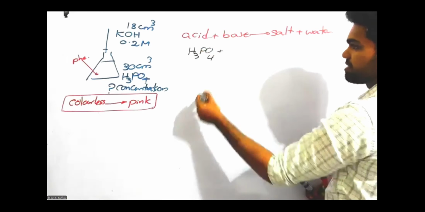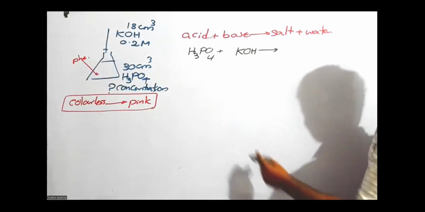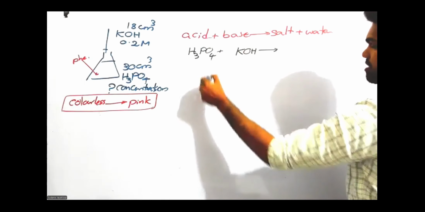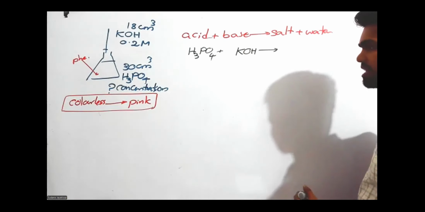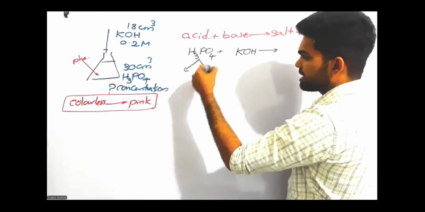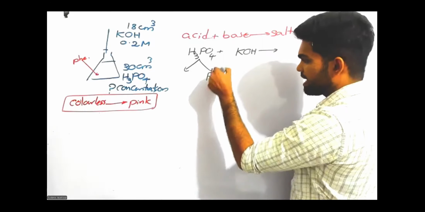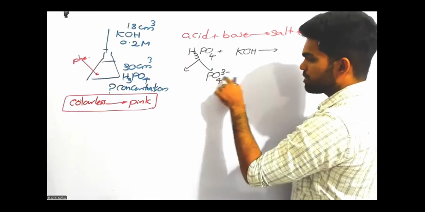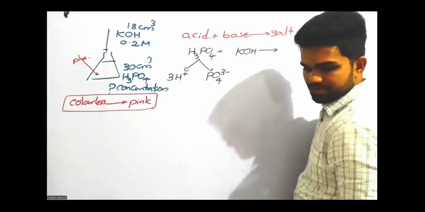So this acid H3PO4 will react with KOH to form salt and water. What is this salt? Let's understand its formula. You can break H3PO4 into anion and cation: PO4 3 minus is the anion and you have 3 H pluses.